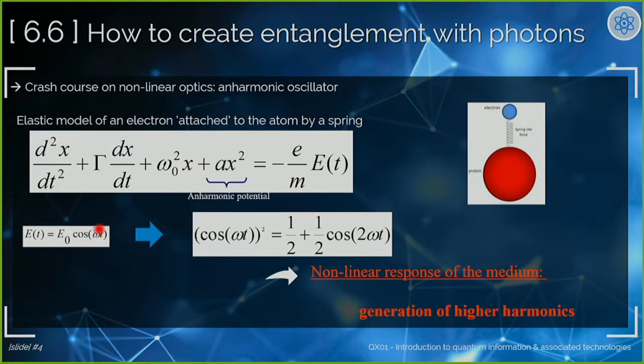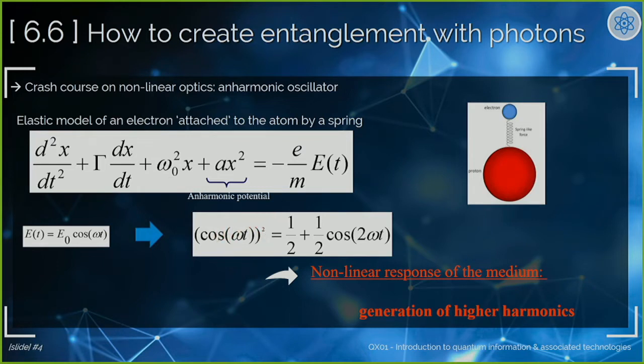This is what I call the driving electromagnetic field, and you can show that this type of solution most likely fits this differential equation. So the solution for x of t would look like that. But then if you insert x of t being cosine of omega t, what you end up with, because of that x squared here, is cos omega t squared.